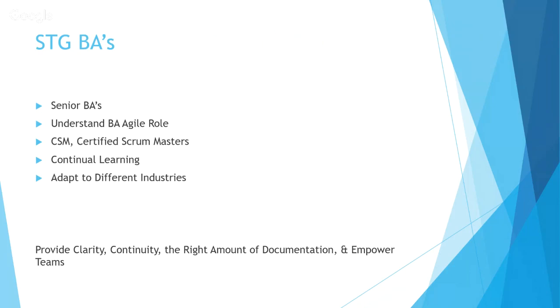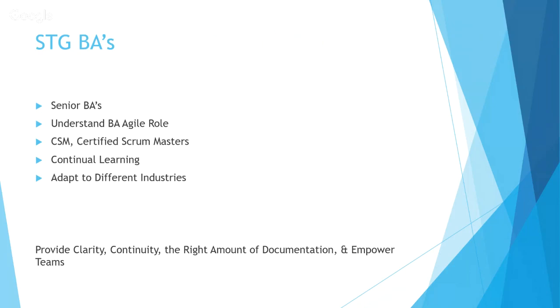So we only hire senior BAs at STG, because a consultant going into a company in that BA role is typically in a more senior BA architecture role. That being said, we have other projects where they already have an established large BA team, and they just need a BA to come in and fill a certain role.